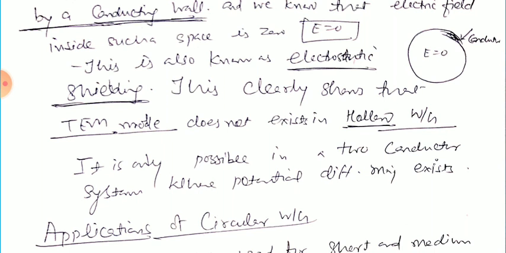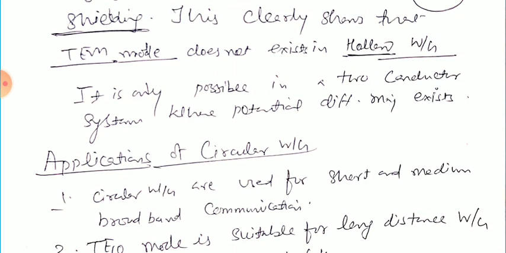Now the applications of the circular waveguide, where we can use these circular waveguides. Here we are discussing only three applications. Number one, circular waveguides are used for short and medium broadband communications. If you want broadband communication over a small and medium distance, then we can use this circular waveguide.